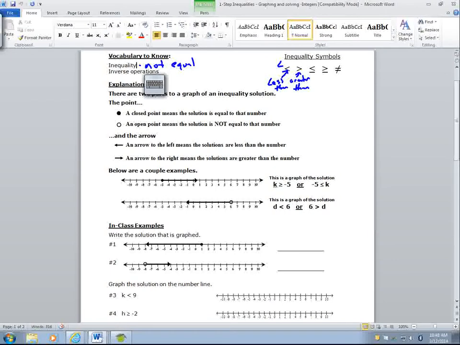Okay? Now, we got a couple other ones here that maybe we've never been introduced to before. What is that one with the less than with the line under it? What is that, Ben? Less than or equal to. Less than or equal to.